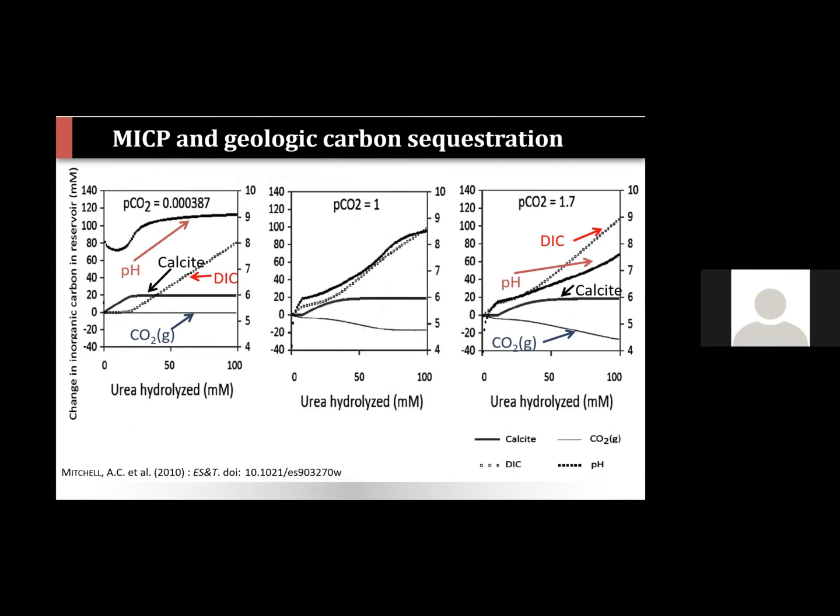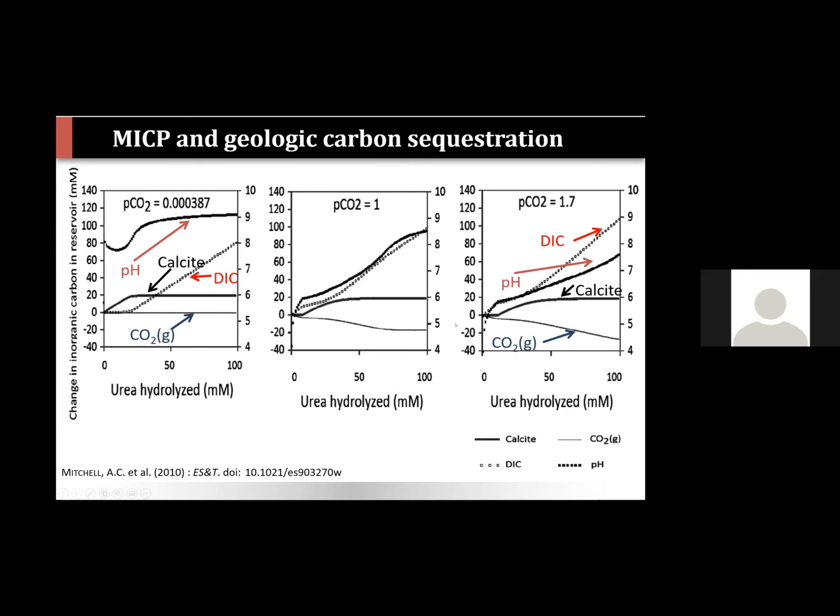But if we look at the solution chemistry, and here's some modeling work looking at what's going on with the inorganic carbon speciation over time, this indicates the progression of hydrolysis and the changes in calcite mass, pH, the amount of DIC in solution, and the CO2 gas in the headspace.